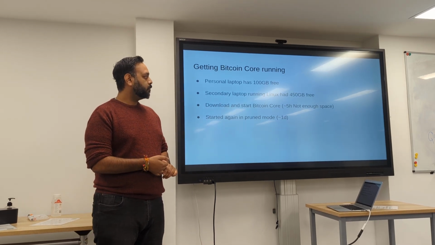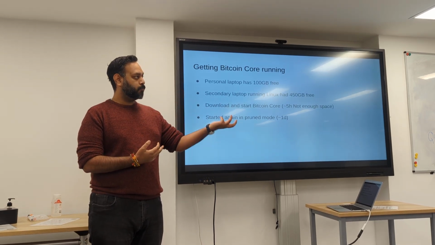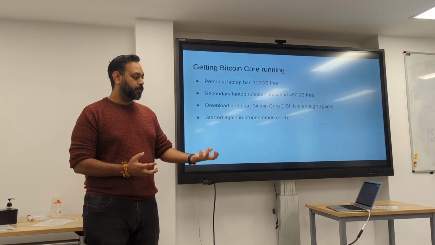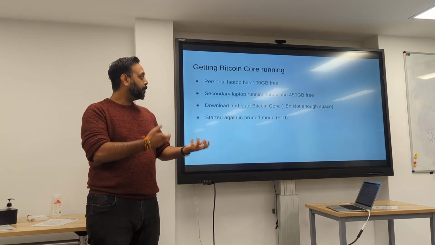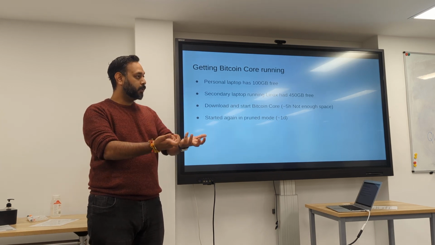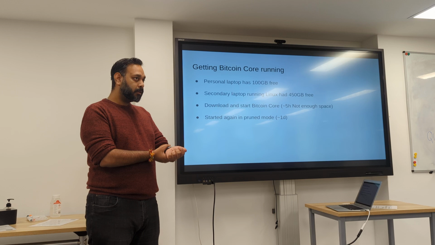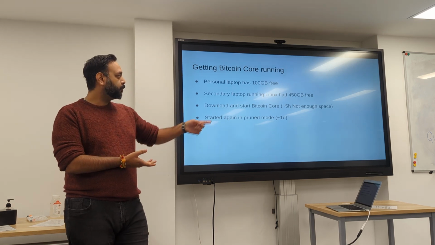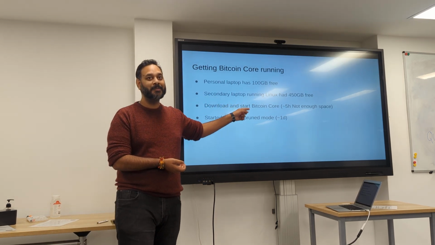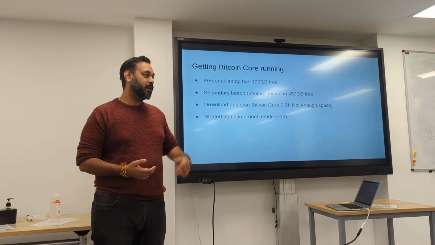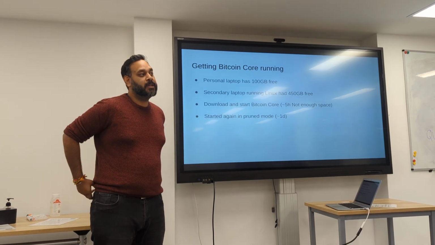It turns out that when you create a full node, you're not just downloading blocks, but you're also indexing it. And that plus the index was still too big for my other laptop. How much was that roughly? I don't know, but it was more than that because it wasn't complete. So that's when I decided to make a pruned node.